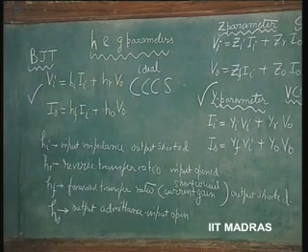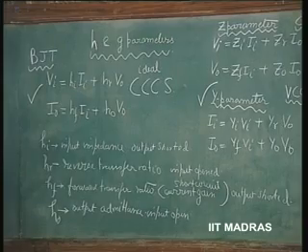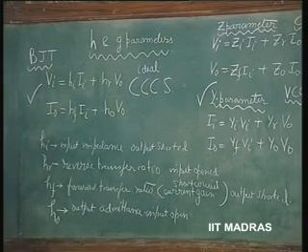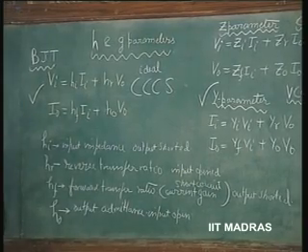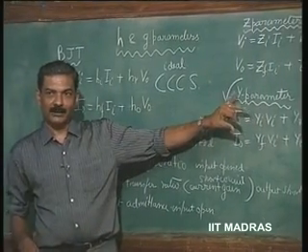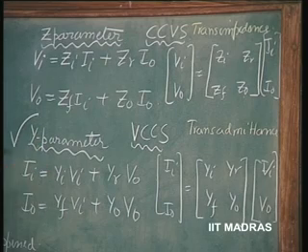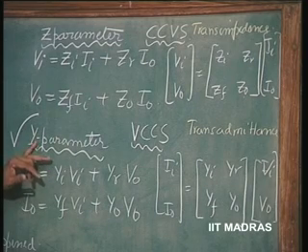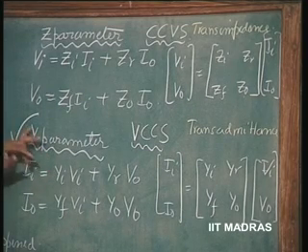It is very difficult to open circuit a practical device. It is easy to short the device. So, this is a parameter which can be easily measured because these are short circuit parameters, and short circuit parameters are practically easy to measure.